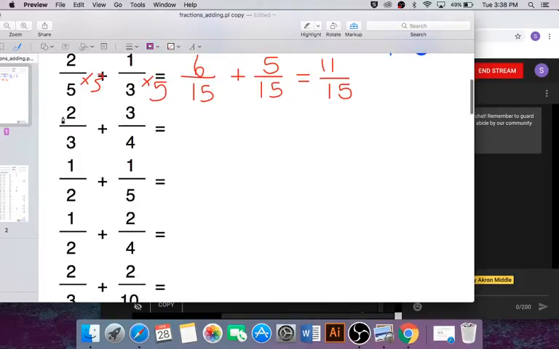Down here for our next one, we have 2 over 3 plus 3 over 4. The smallest number that goes into both 3 and 4 is going to be 12. Again, you can use your multiplication chart to help you. Look for the least common multiples of your denominators.